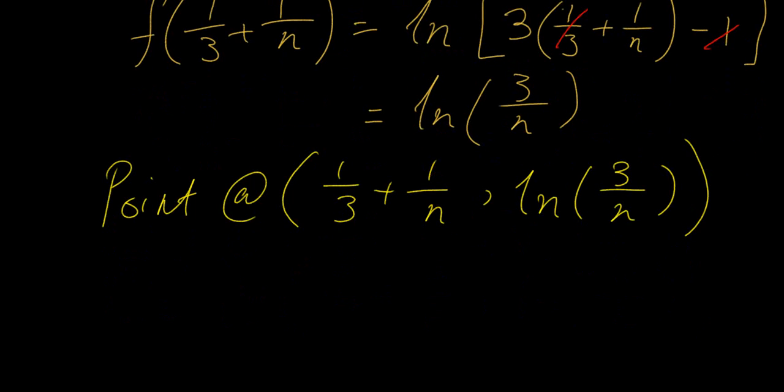Remember that if you have a point and you also have your gradient, you can find the equation of your line. For the equation of the tangent, you need two things, just to recap.